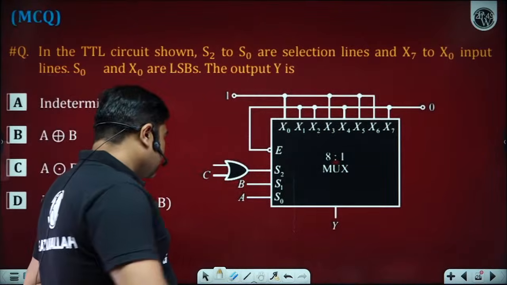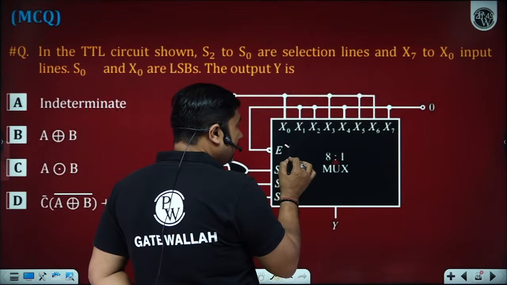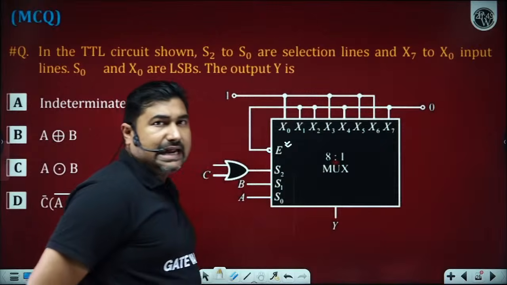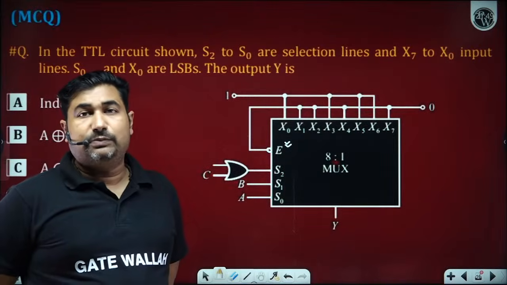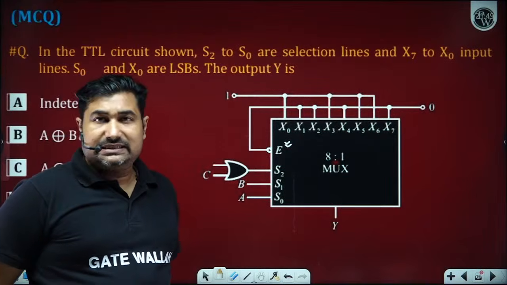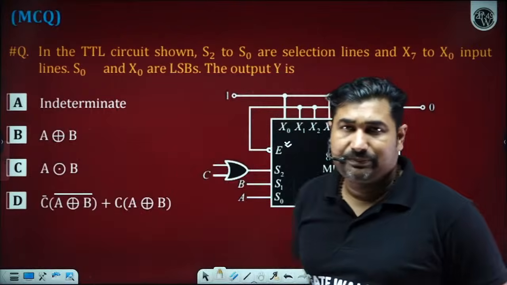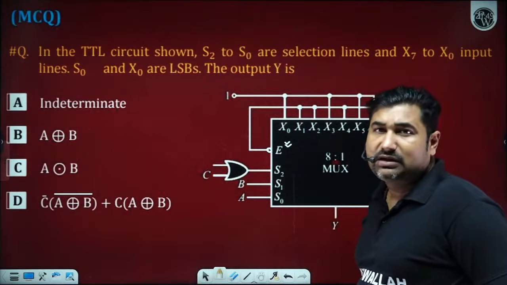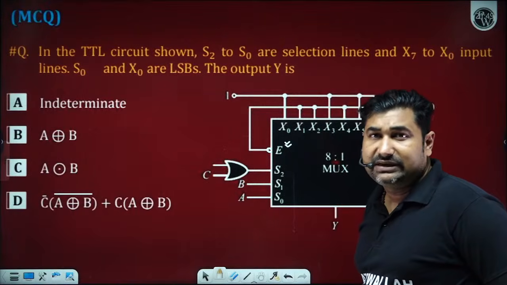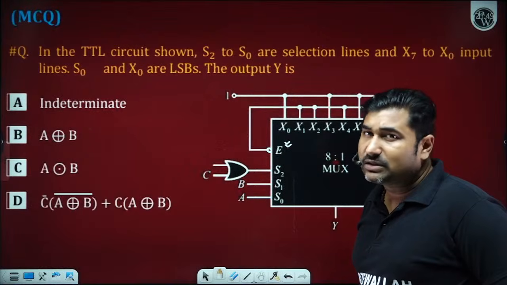Now please observe everyone, there is a point called enable. We all know about AND gate. If one input is added to each AND gate and that is connected to the enable pin, we all know an AND gate gets enabled when that is logic 1.